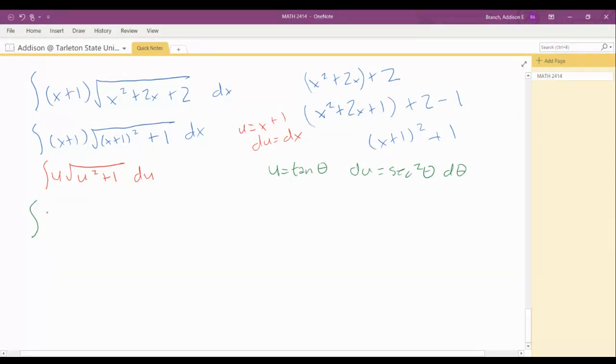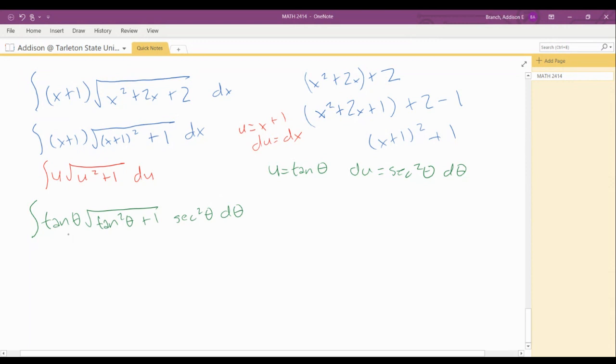So we have u is tangent of theta, our square root, once again, of tangent of theta squared plus 1, times secant squared of theta d theta. All right, and now we can go ahead and get to work.